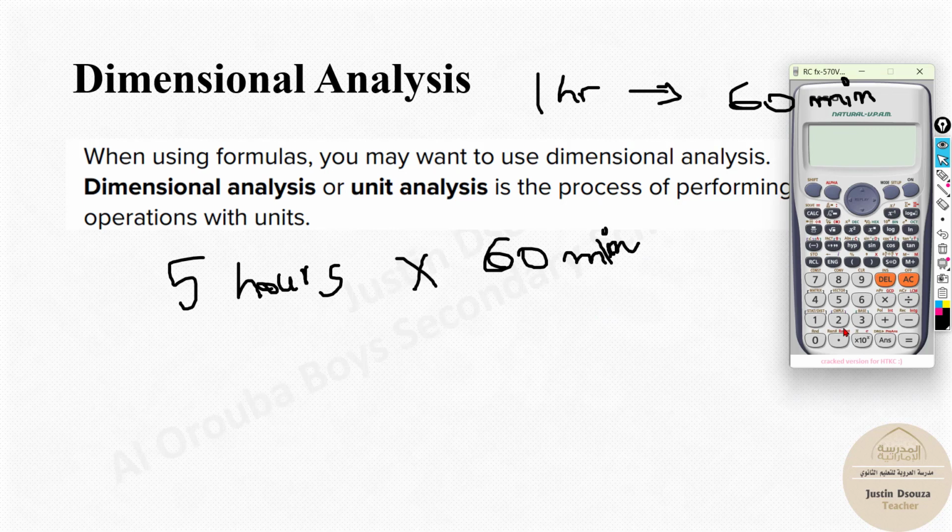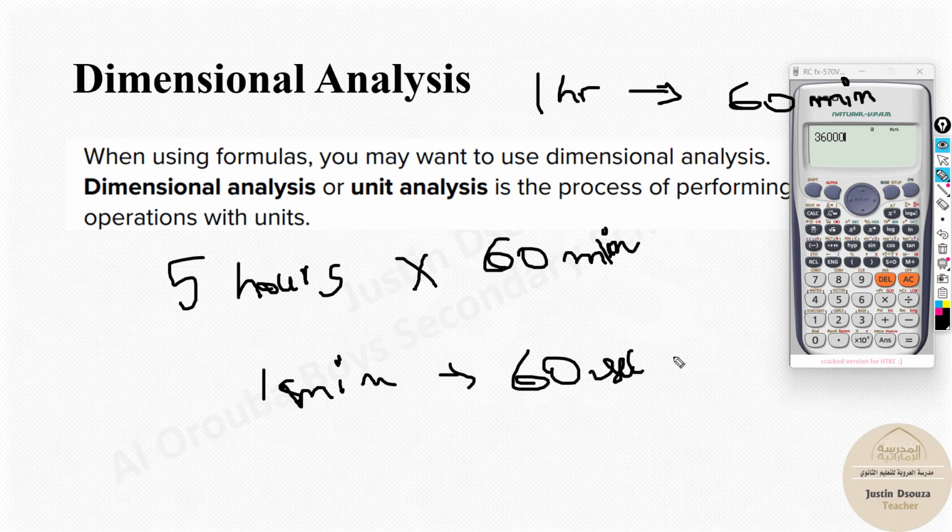Now, if at all you had 36,000 seconds, now you need to convert this to minutes. How do you do it? You know, 1 minute is 60 seconds. What am I saying? So you see over here, minutes are smaller.